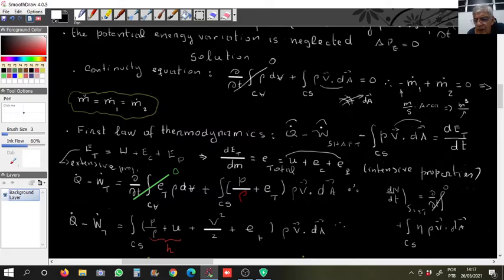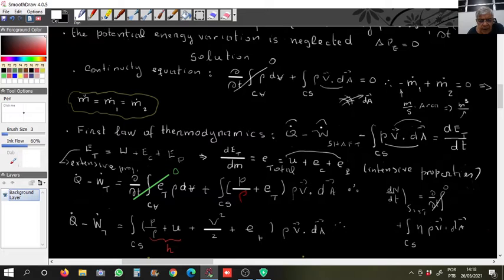Now, this term over here on the left-hand side, I put on the right-hand side to combine with the e t. Now, why did I do that? Because there is rho here and rho here. If I multiply rho V dA times this red rho here, it will be only P V dA, which comes from the left-hand side. That's why I divide by rho, and this is multiplied by rho.